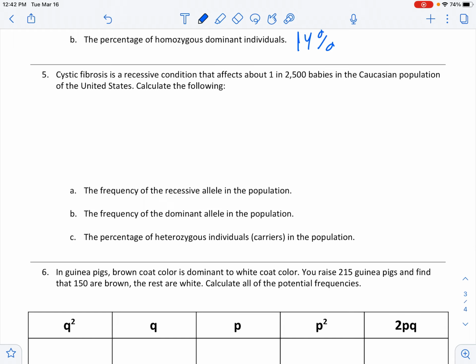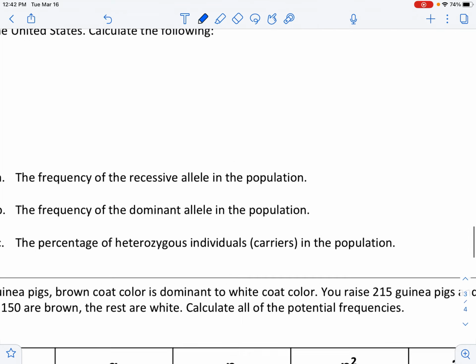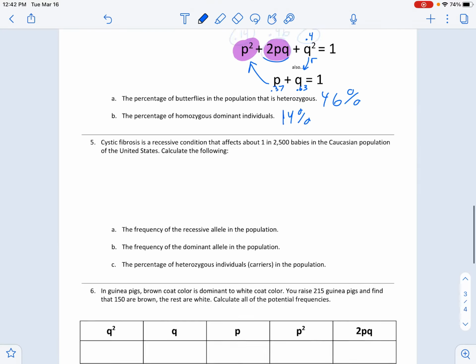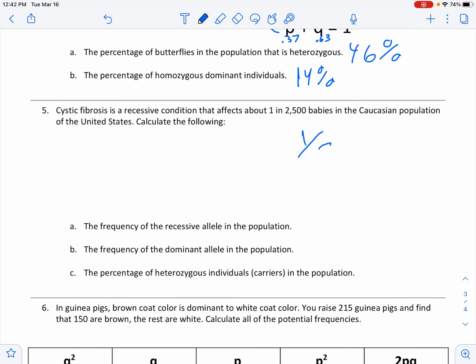Cystic fibrosis is a recessive condition that affects a very small number, 1 in 2,500 babies in the Caucasian population in the United States. Calculate the following. The frequency, so it's a recessive condition, so cystic fibrosis is recessive. So 1 in 2,500, what's that in percentage, right? 1 divided by 2,500.